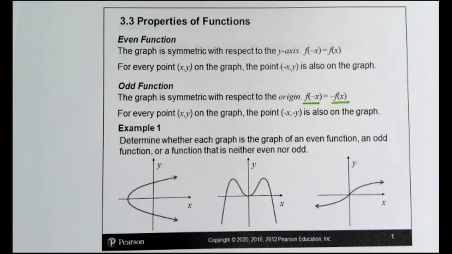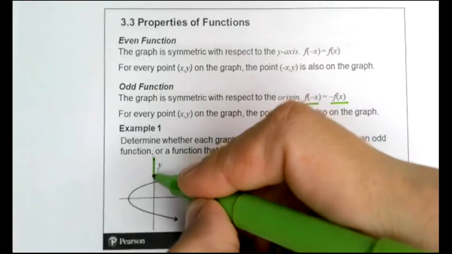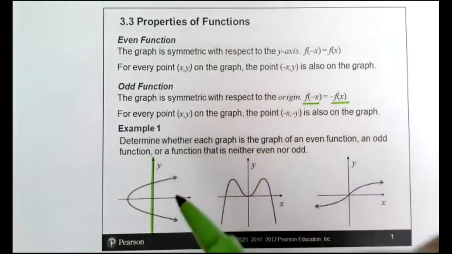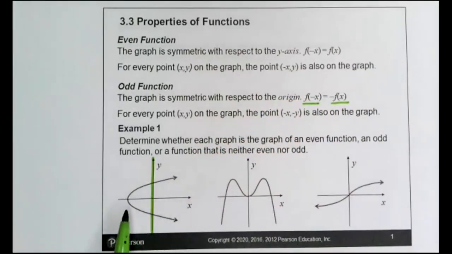So for this, it says determine whether each graph is the graph of an even function, an odd function, or a neither, okay? So if you look at this, you think, would the graph lie on top of itself if I folded it along the y-axis? So if I folded it here, is it mirroring itself? No, right? So it is not even.